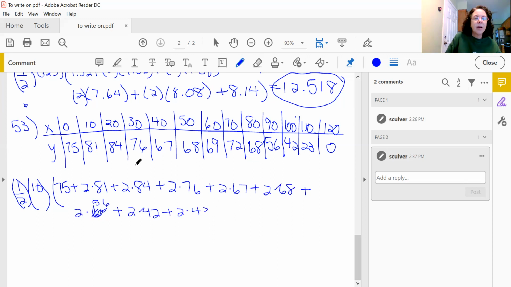Let me see if I had the right amount. 1, 2, 3, 4, 5, 6, 7, 8, 9, 10, 11, 12, 13. 1, 2, 3, 4, 5, 6, 7, 8, 9, 10. Wow, I'm missing a lot. Okay, what did I do? 75, 81, 84, 76, 67, 68. Oh, then plus 2 times 69. I missed a lot. 2 times 69.